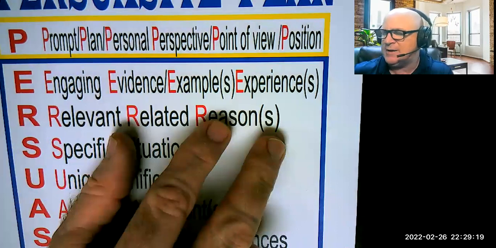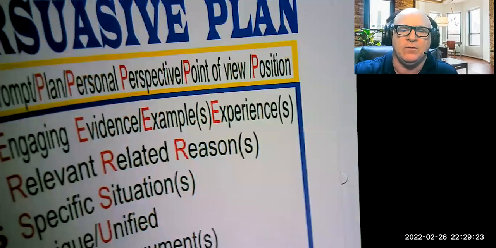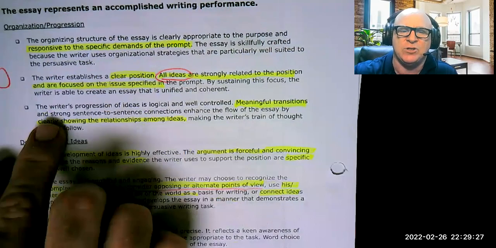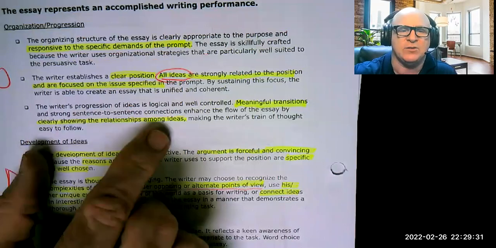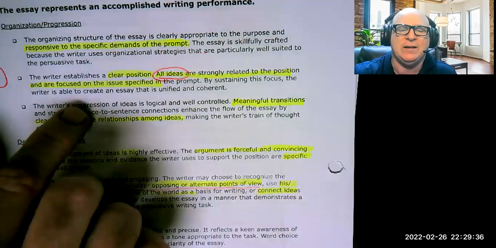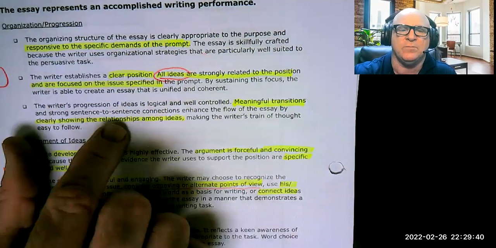Let me show you why. It says in 4-land and in 3-land, there's clearly a relationship among the ideas, meaningful transitions that have connections. So you just can't relate to your position.